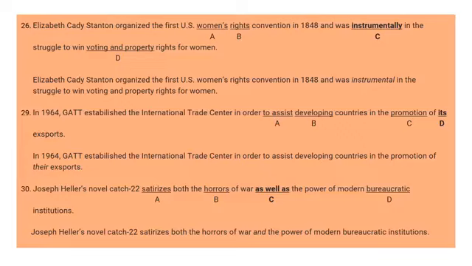Now let's go to the number 13. Joseph Heller's novel Catch 22 satires both the horrors of war as well as the power of modern bureaucratic institutions. My best answer in here is C. As well as in here must change to and, because this sentence needs a conjunction.